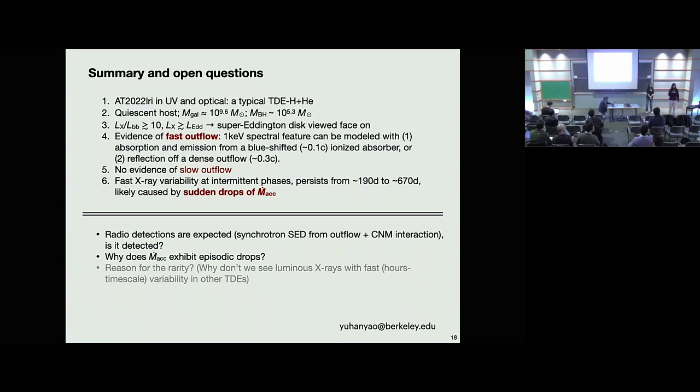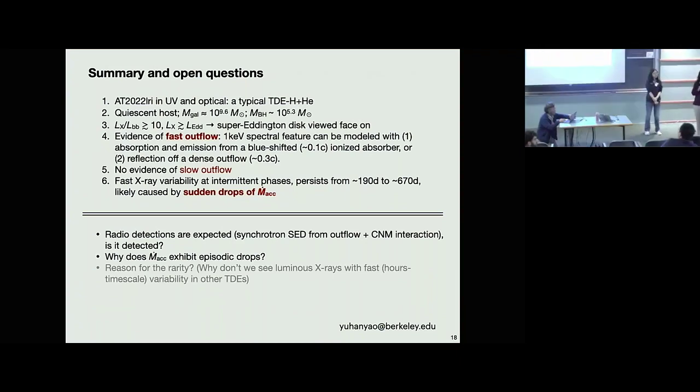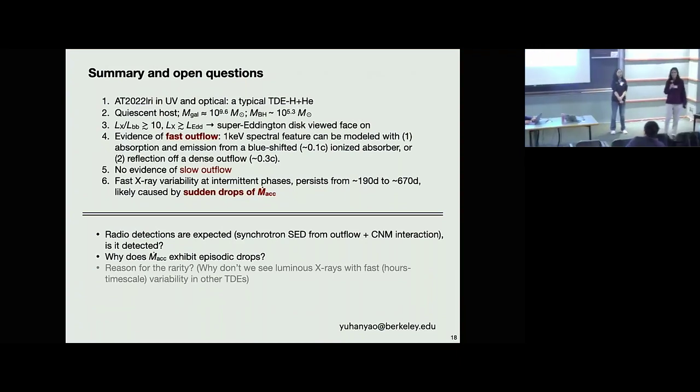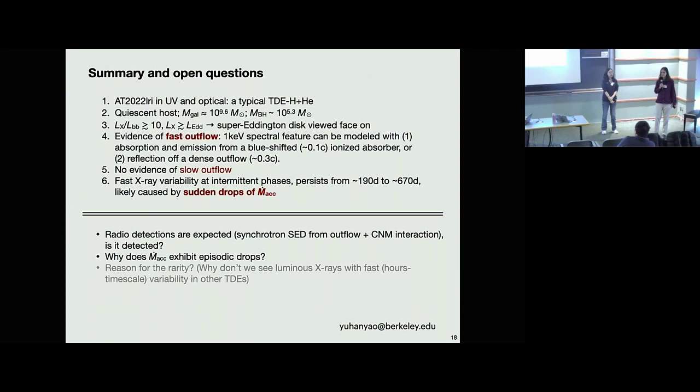I've also got a question. Based on your modeling, Yuhan, especially of the reflection or reprocessing in the layer, in an outflow, what do you think it would have looked like at a slightly larger inclination? So the inclination is modifying the line profile. If the relativistic effect is very strong.